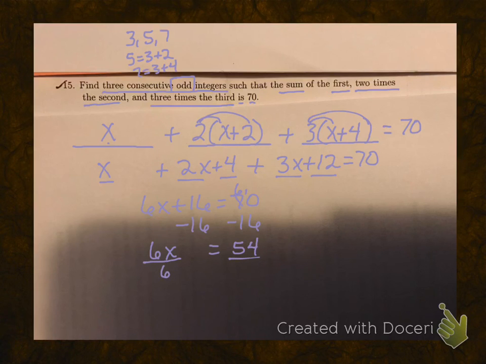Divide that by 6. And x is going to be equal to 9. So my 3 consecutive integers, x equals 9. X plus 2 gives us 9 plus 2, which is 11. And x plus 4 is equal to 13.